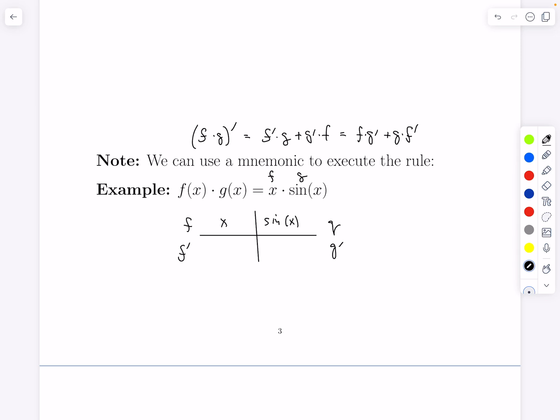Then we find those. The derivative of x is 1, right? And the derivative of sine is cosine, right? And then to find this, we'll use this part.